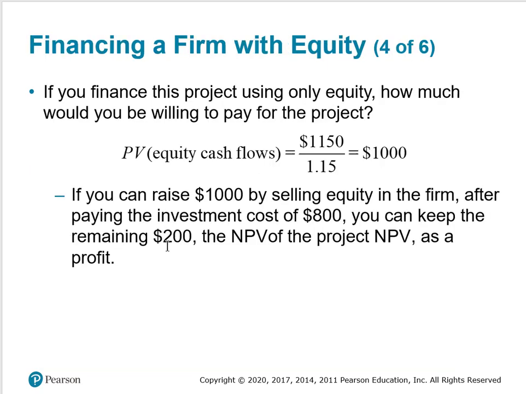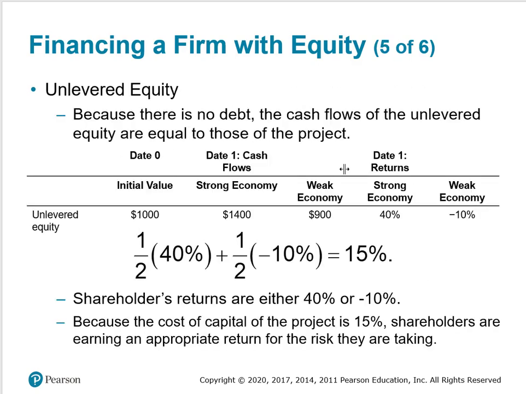So if we can raise $1,000 by selling equity in the firm, after we pay the investment cost of $800, essentially you'll have $200 left over. That's the net present value of the project.